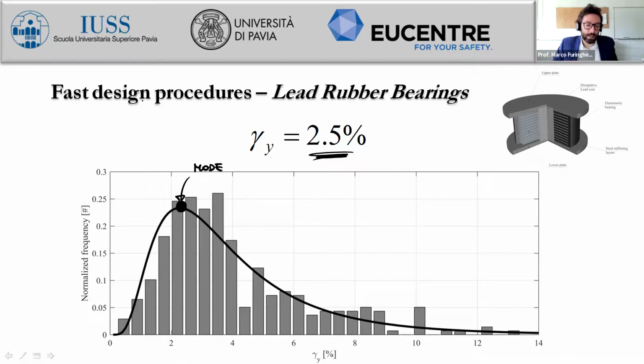And this means that on the hysteresis of the device, this has a very low influence, for instance on the force response rather than the hysteresis area. So this can generally be assumed as a deterministic value, simply because if you consider it as a random variable, you don't get so much difference in comparison to the assumption of the mode value.